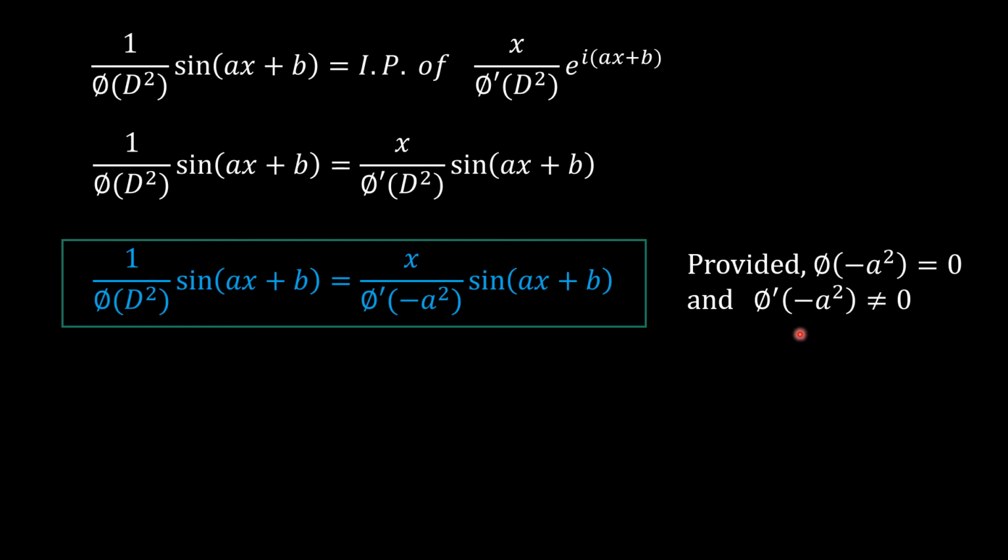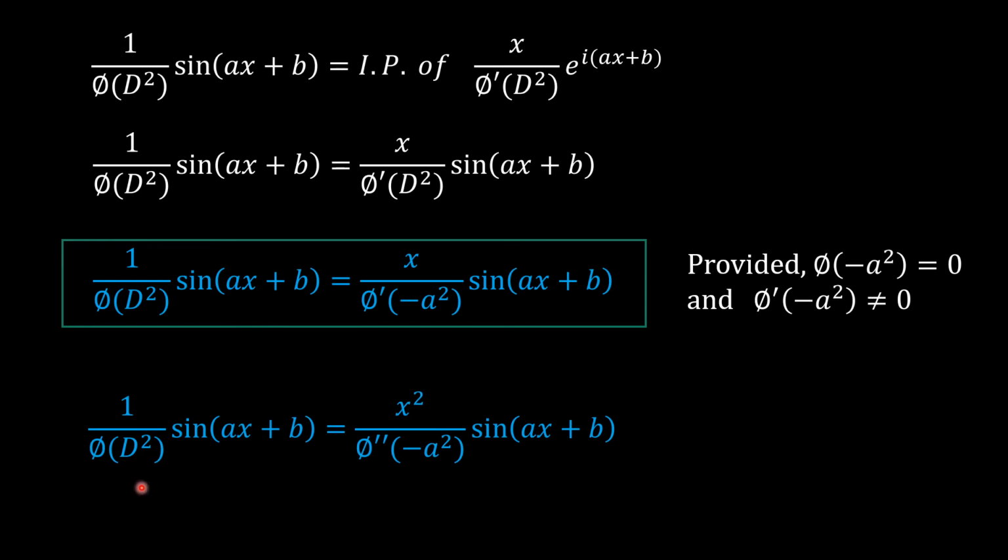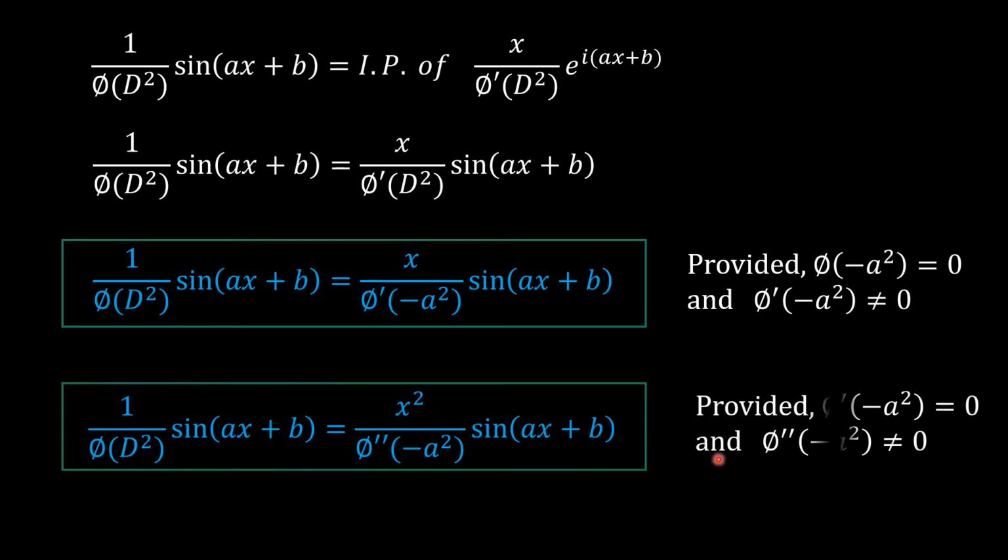Again, if this phi dash of minus a square is equal to 0, then using the same rule, we can extend it and it will give us 1 upon phi of d square sine of ax plus b is equal to x square divided by phi double dash of minus a square sine of ax plus b, provided that phi dash of minus a square is equal to 0 and phi double dash of minus a square is not equal to 0.